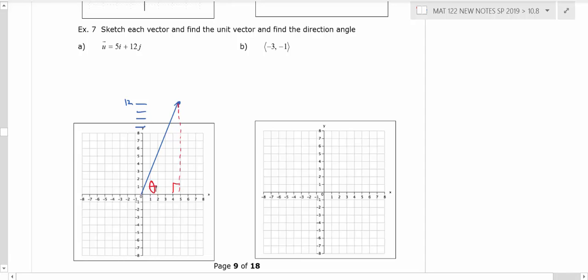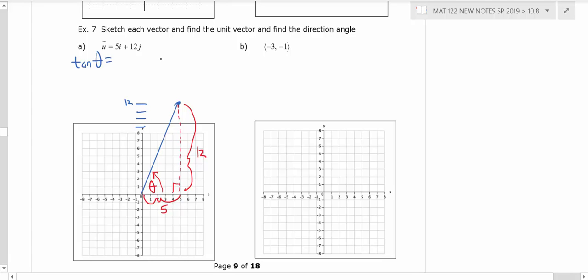So our job is to find this angle from the positive x-axis to the vector. So this side right here would be 5, and this side right here would be 12. So I'm going to use the tangent of theta.